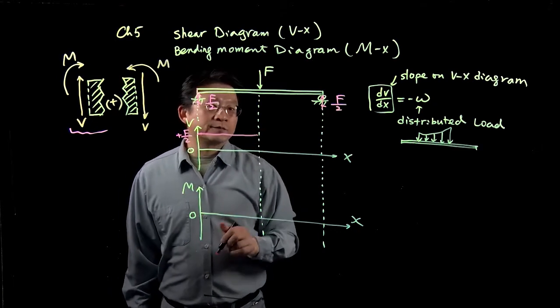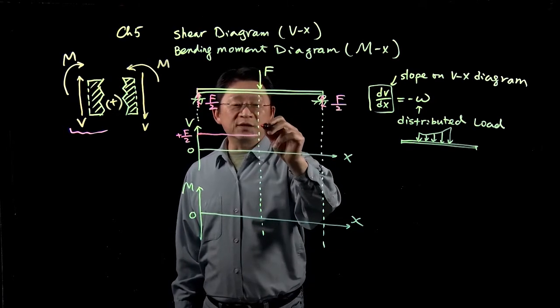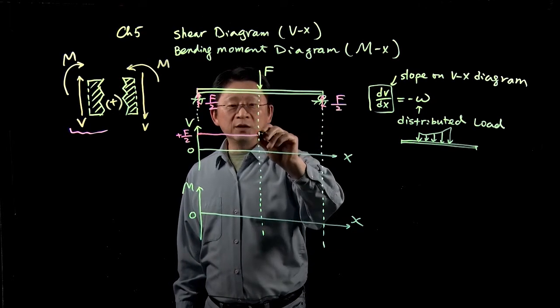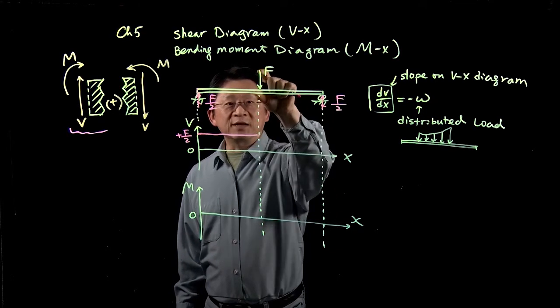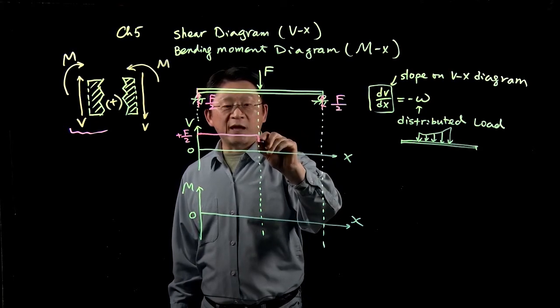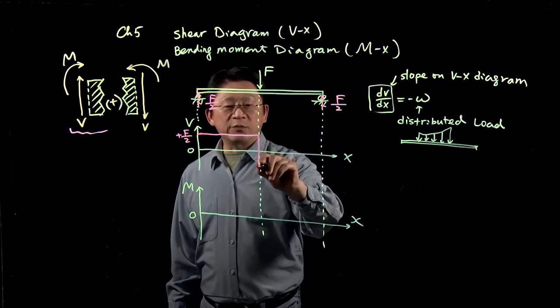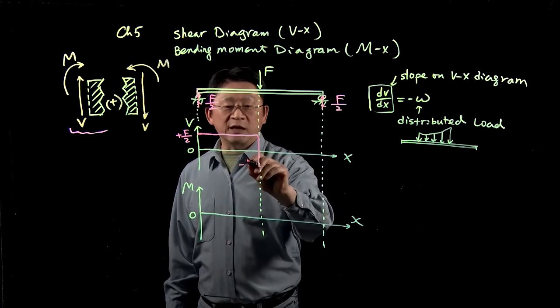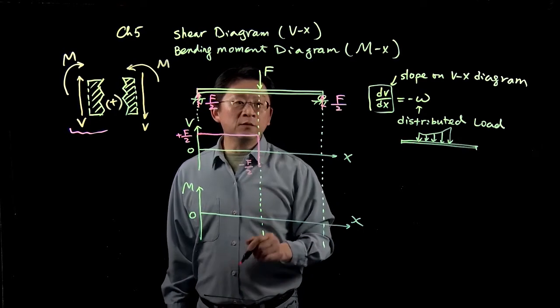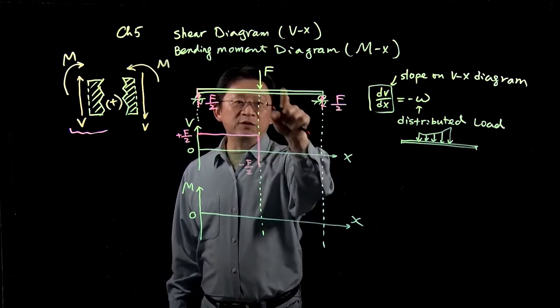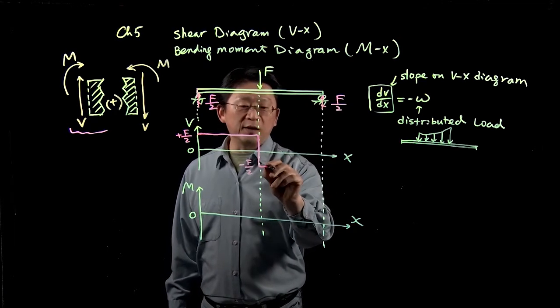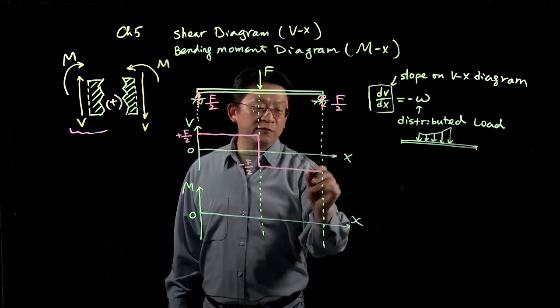That means the curve stays flat. Now we come to the point load, which moves the value downward by the same amount: starting from positive F over 2, going downward by F, we come to minus F over 2. Again, in this portion there is no omega, no distributed loading, so we keep flat.